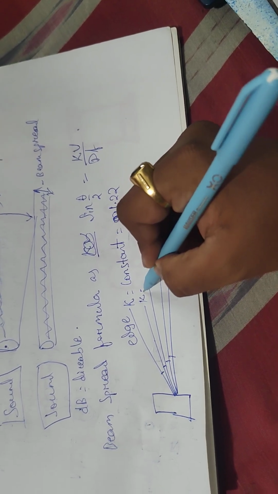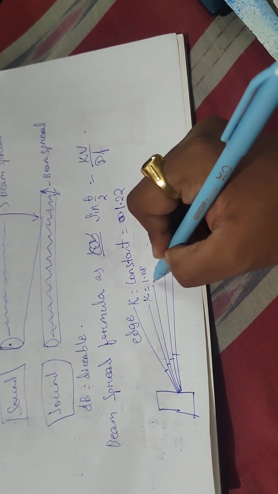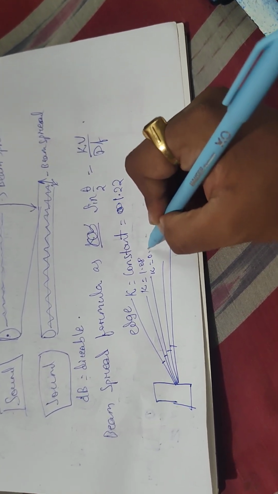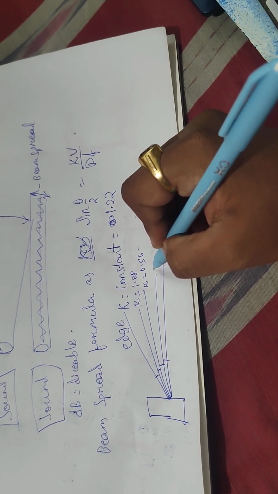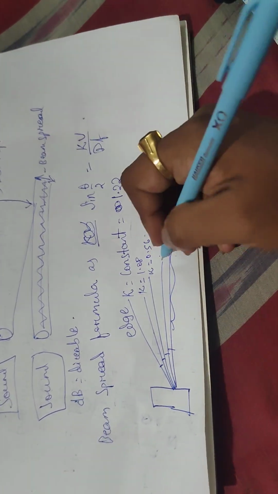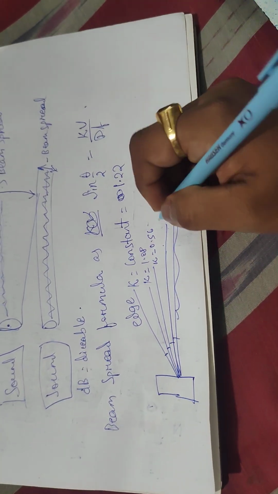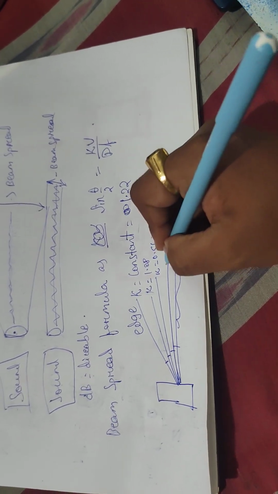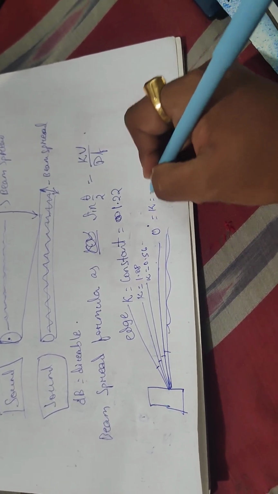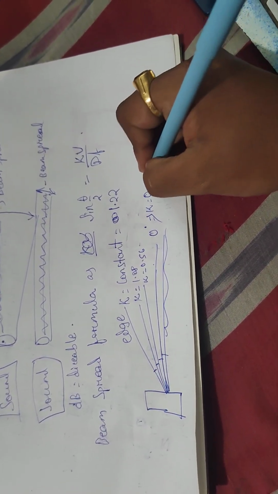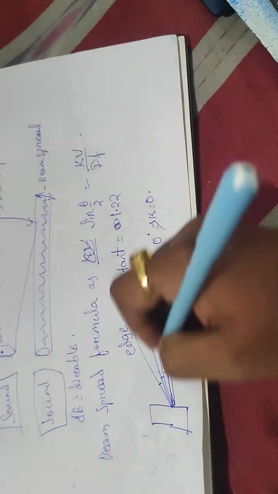Here k will be 1.08, here k will be 0.56, and this is the beam axis, which is 0 degree, so the value of k will be 0 because this is a neutral axis.